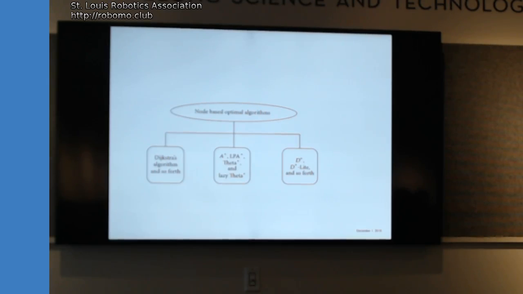These are all optimizations of Dijkstra's algorithm. So what they do is they start out doing an exhaustive search of the entire map for the best path, but they'll recognize suboptimal paths. When you found a better path, they'll stop looking at the poor ones. And so it's an optimization. And then D star light, and so on.